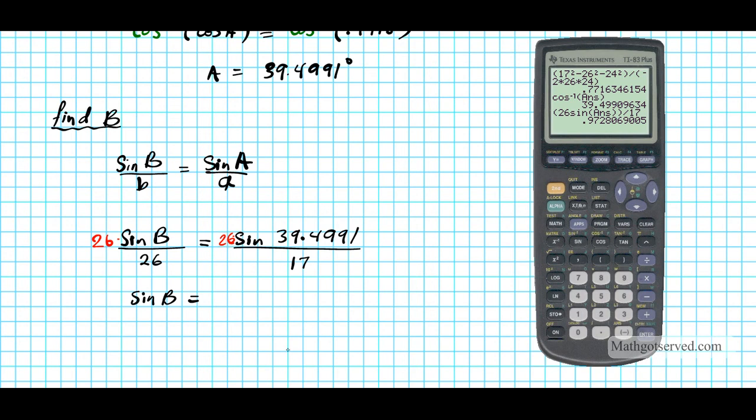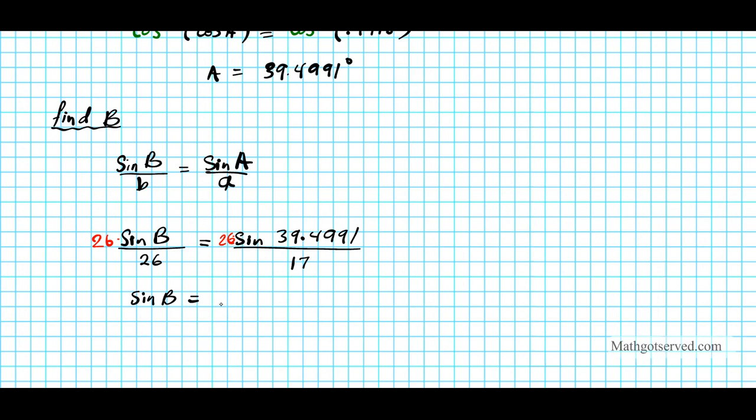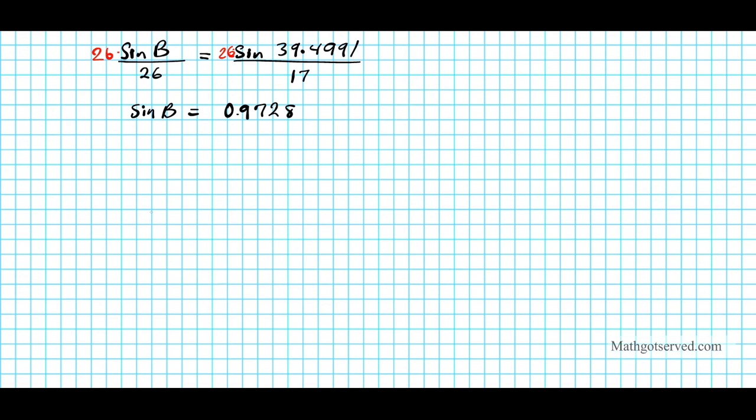Okay, so sine B is 0.9728. All right, to get B by itself, we take the inverse sine of both sides. So the inverse sine of sine B equals the inverse sine of the result we just got, 0.9728. On the left side, the sine and the inverse just cancel out.